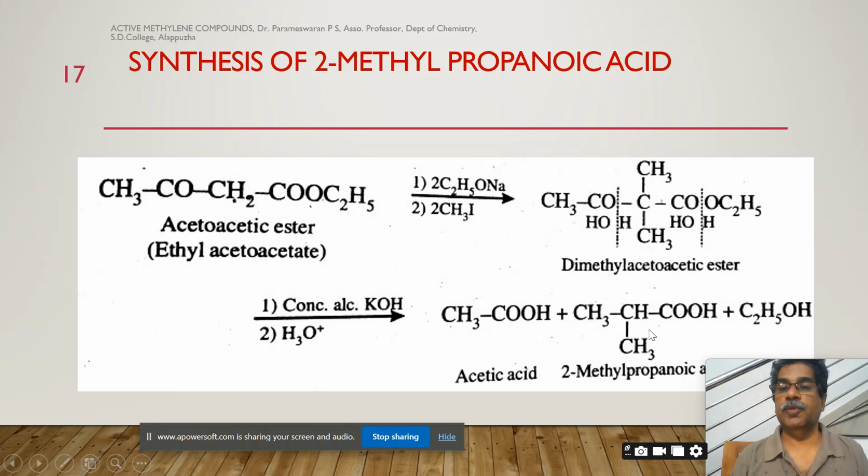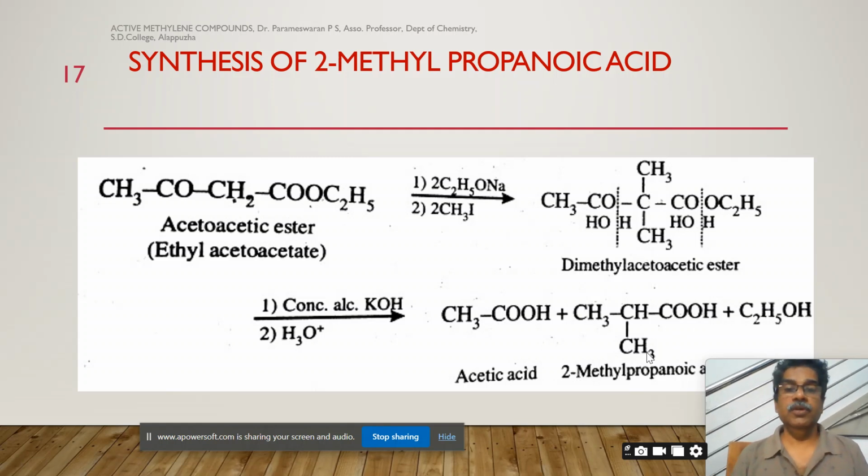This is isopropyl. Right? CH3 CH3 CH COOH. That is 2-methyl propanoic acid, or isobutyric acid. So you can synthesize 2-methyl propanoic acid by replacing both active hydrogens with methyl groups.